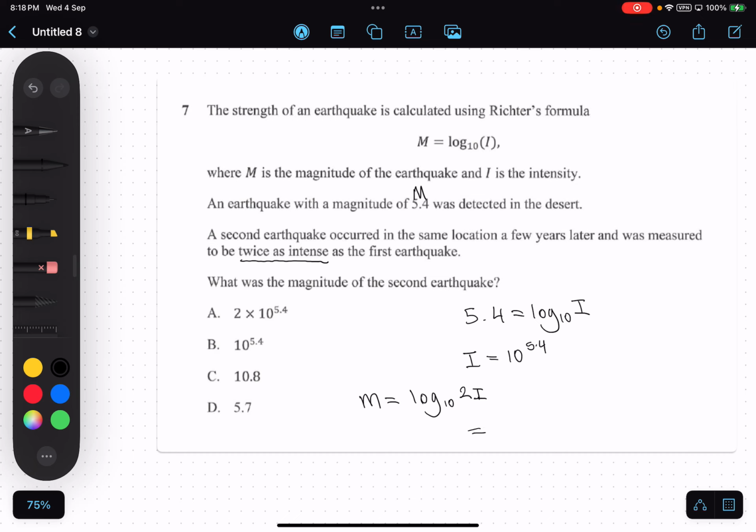And by log laws, you can split this up into log 10 2 plus log 10 I. And this is equal to 5.4. And if you add these two together, like I'm going to do now, log 2 plus 5.4, you are going to get 5.7, which means that your answer is D. Alright?